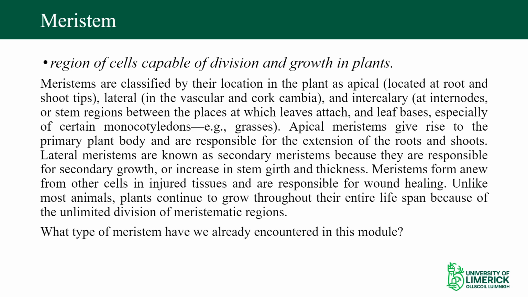Okay, so meristem. If you've done biology or ag science, you might have an idea of what these are. Meristem is a region of cells capable of division and growth in plants.